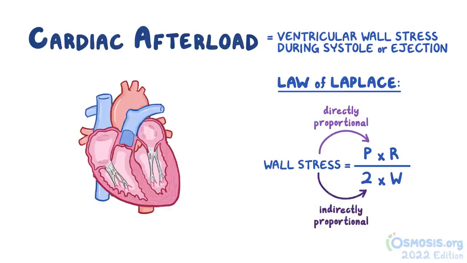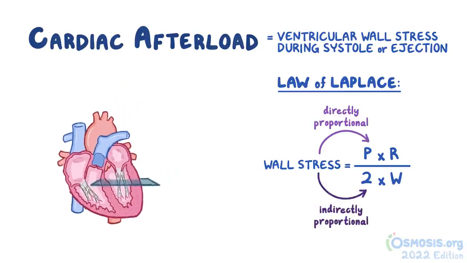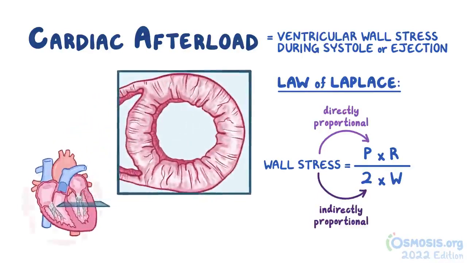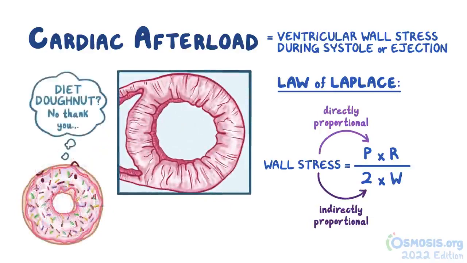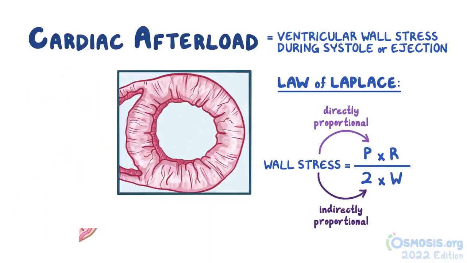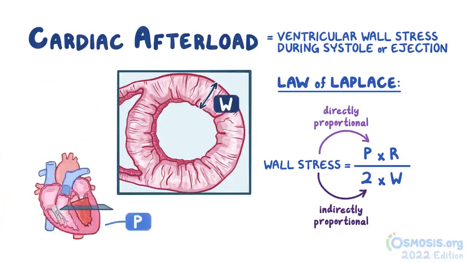To visualize this, let's look at a cross-section of the left ventricle, which looks a bit like a donut with little dough, a diet donut if you will. Now the little dough circle represents the wall of the left ventricle, and its thickness is the ventricular wall thickness, or W. Pressure, or P, on the other hand, refers to the pressure exerted by the ventricular wall on the ventricular cavity during systole.